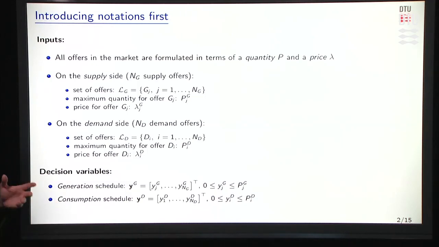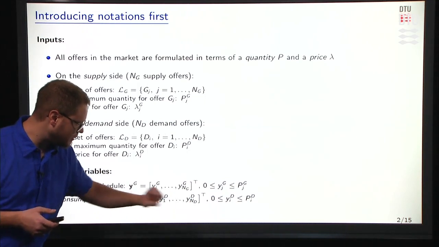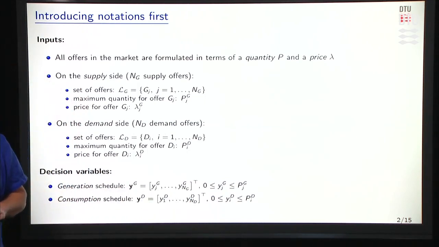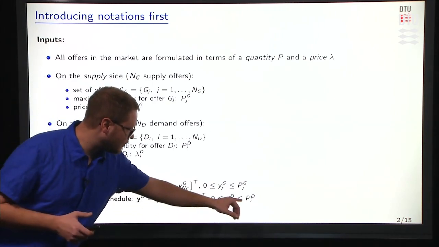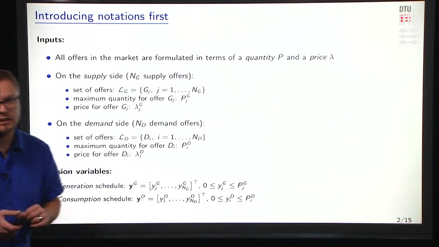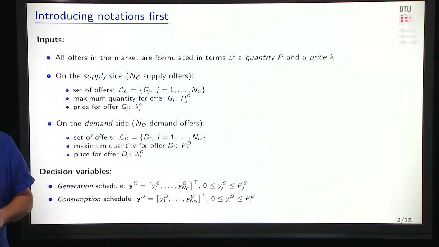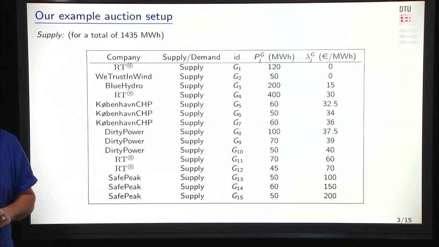Also, we want to get out a consumption schedule, which means a set of set points for all the demand side agents, where the scheduled consumption amounts are going to be between 0 and the quantity originally offered to consume. You see here the decision variables are only in terms of schedule. We'll discuss later how we want to get a price out of solving this optimization problem.